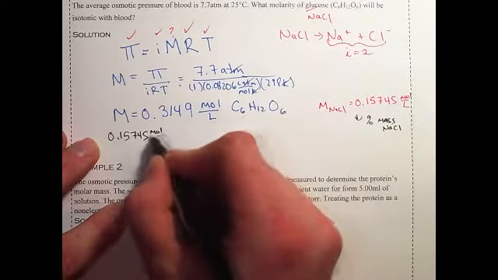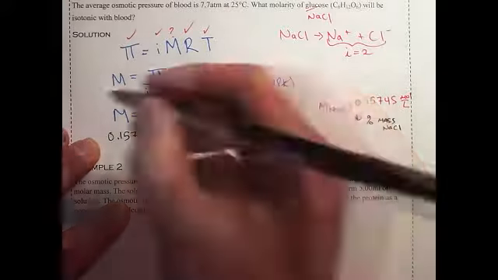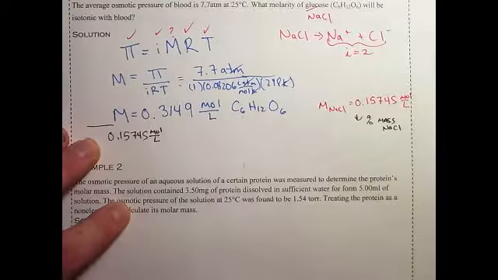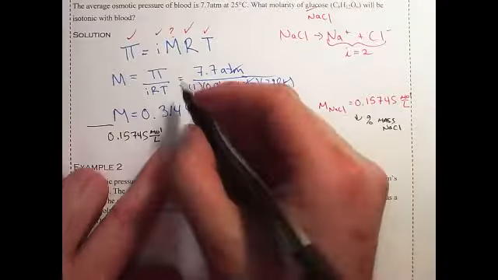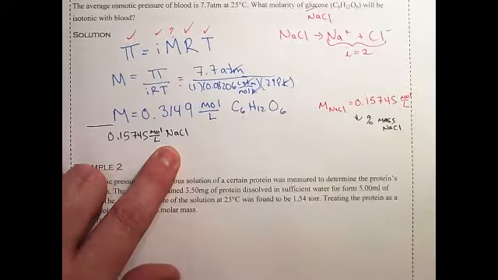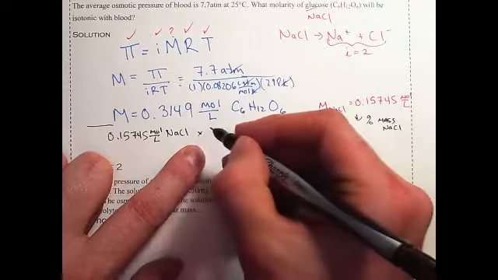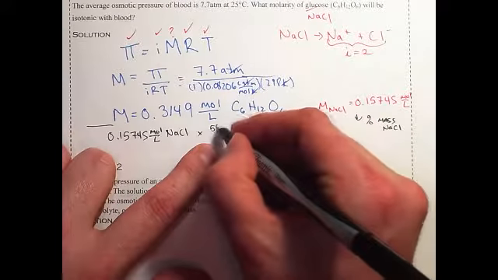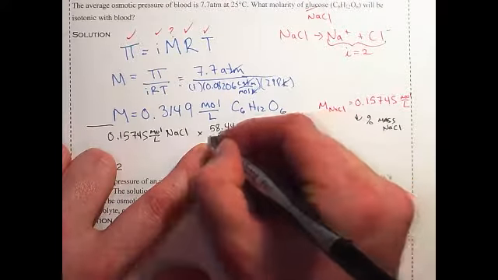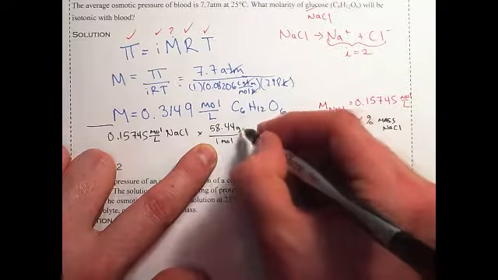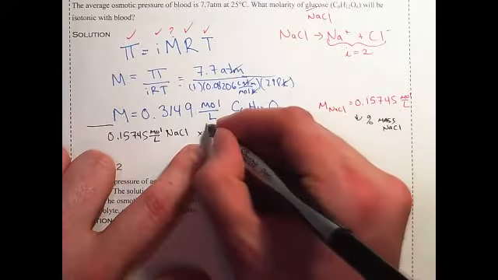0.15745 moles per liter. So what I'm doing in black is not really part of the problem. We're just doing that conversion to show how we do it. So that's the concentration I would need to be isotonic. 58.44 grams for 1 mole NaCl.